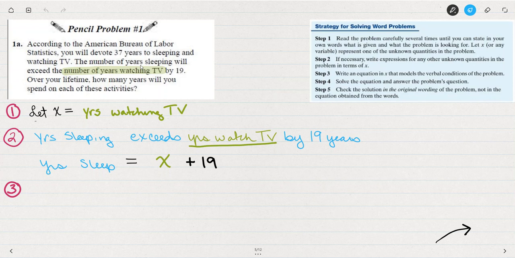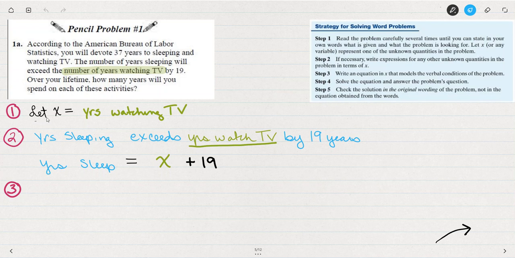We can read this: years sleeping exceeds years watching TV. So we can see x as the independent variable, the one that we start with, and the number of years sleeping is dependent on x, because years sleeping exceeds x by 19. So I'm going to state this in writing. Let x equal the years watching TV.